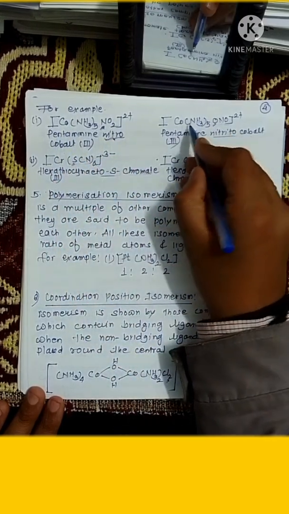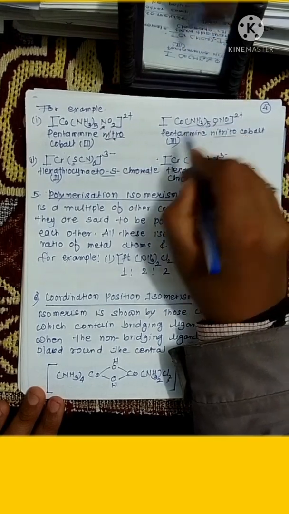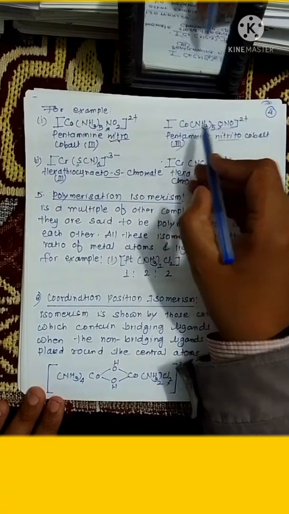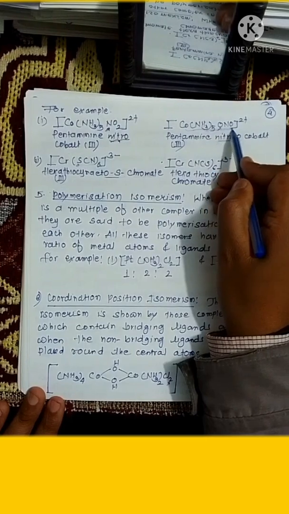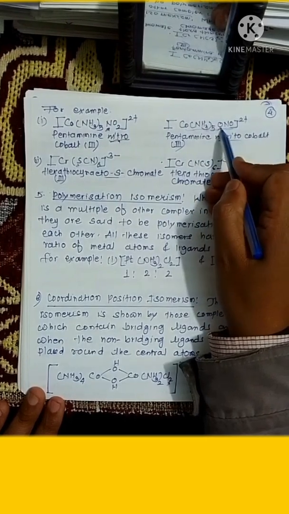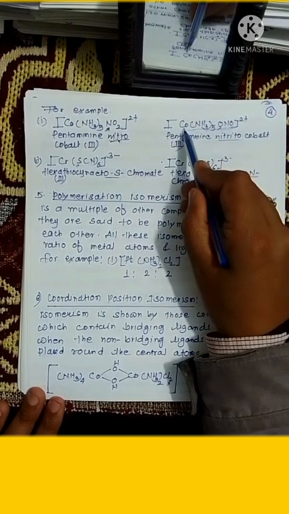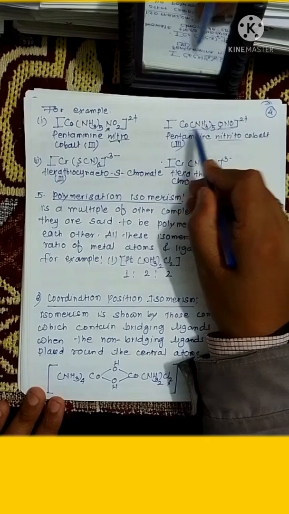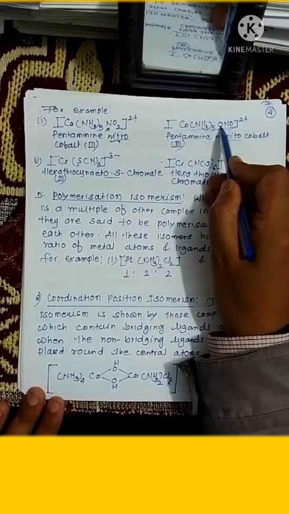Now just see the structural formula of this compound. In this compound, this is basically the nitro group, but it is written as ONO. It simply means that in this case your central metal atom cobalt is joined to the group through oxygen.